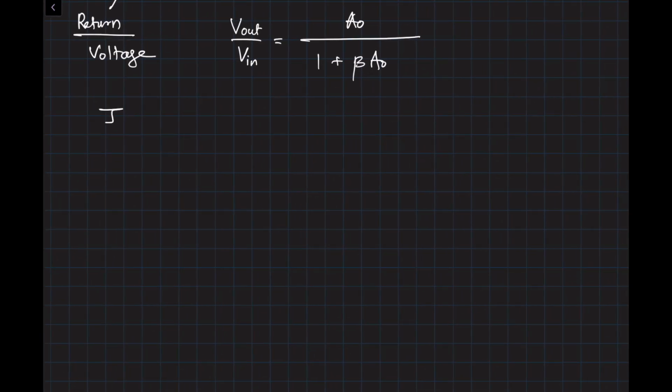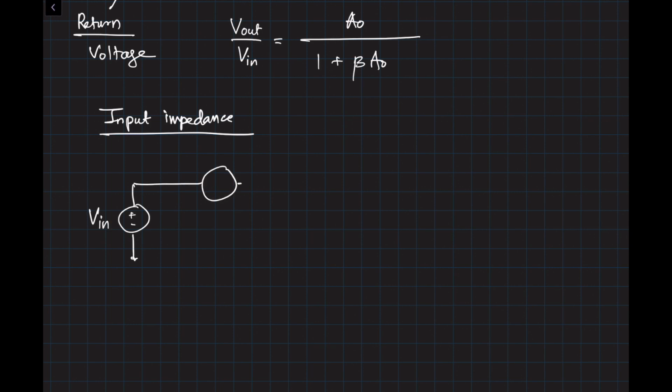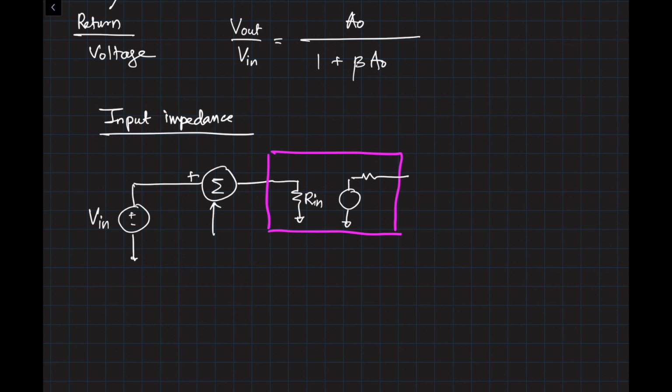Here is my input voltage, Vin. Then here is the voltage difference that we are taking. This is the feedback, Vf, coming out of the feedback factor. This goes into our amplifier, which has Rin, and the output will similarly be A0 Vi, and this is your Rout.